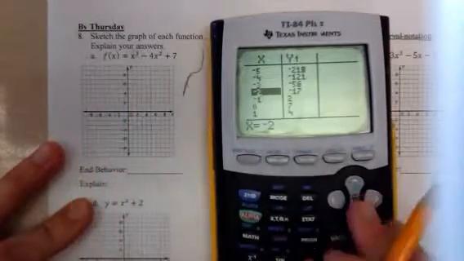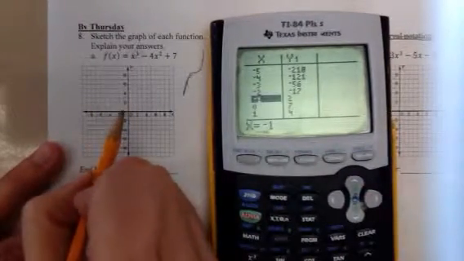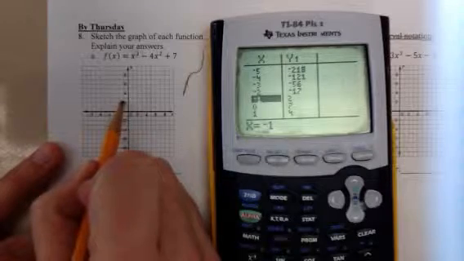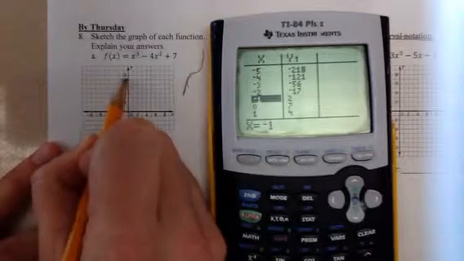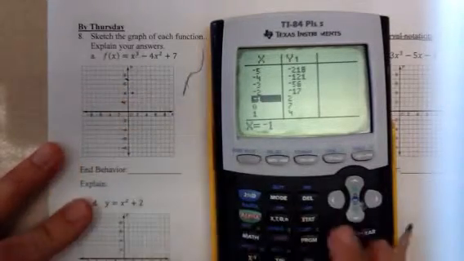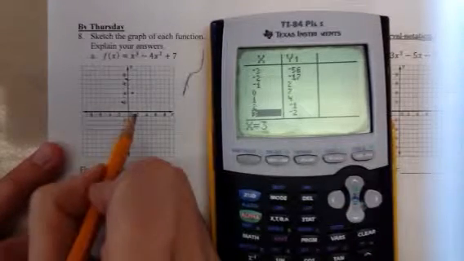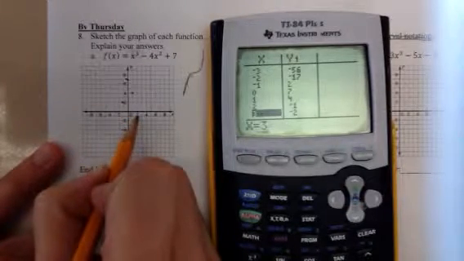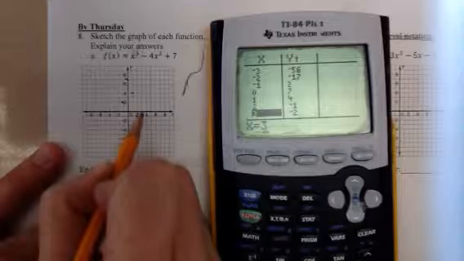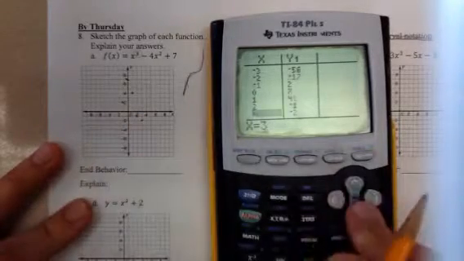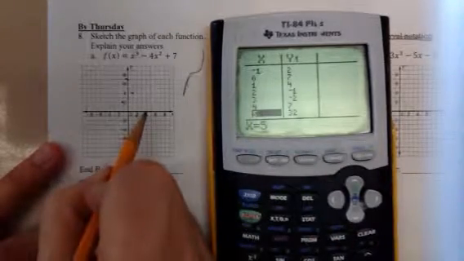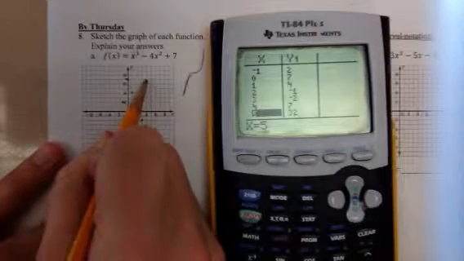So like negative 1, positive 2 is a point, 0 and 7 is a point, 1 and 4 is a point, 2 and negative 1 is a point, 3, negative 2, 4, positive 7, so we're going back up, right?